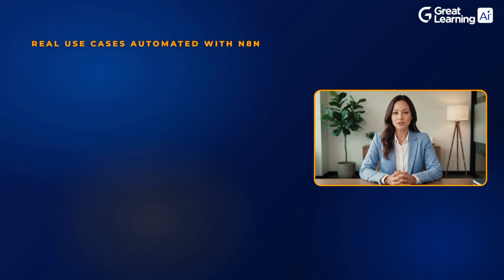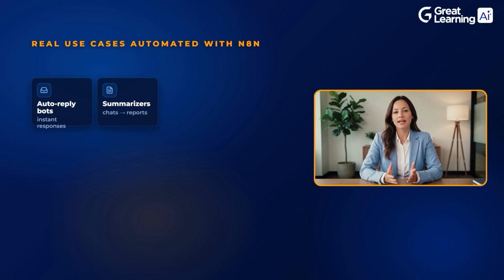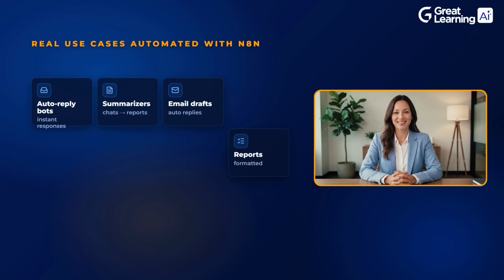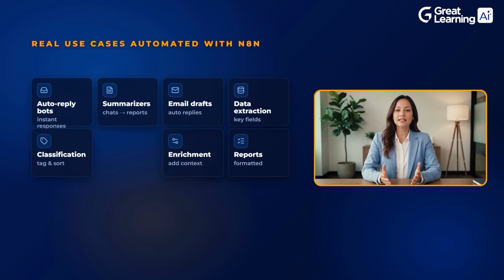Here are some real use cases companies already automate using AI agents in n8n. Auto-reply support bots, summarizers and report generators, email or ticket drafting, data extraction and enrichment, content classification and routing.